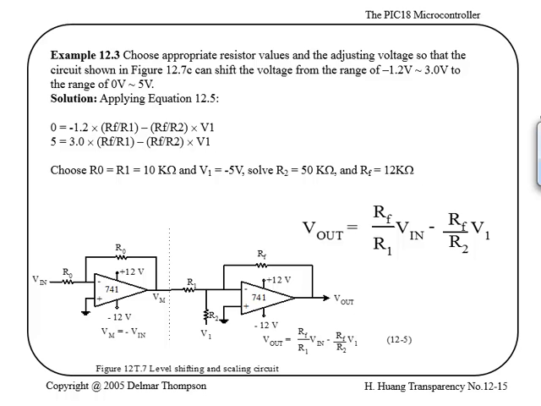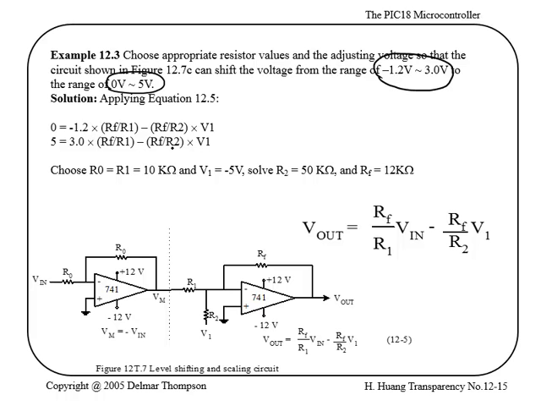So one example is shown here. It says choose appropriate resistor values so that you can shift the voltage range of minus 1.2 volts to 3 volts to 0 to 5.